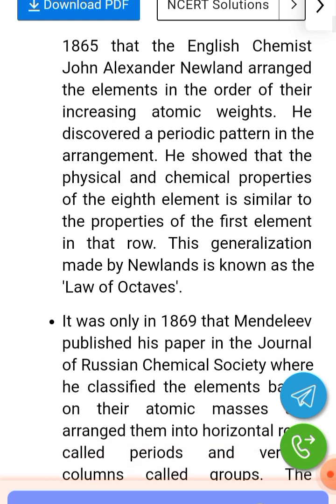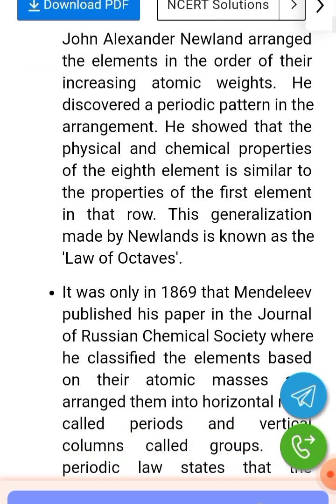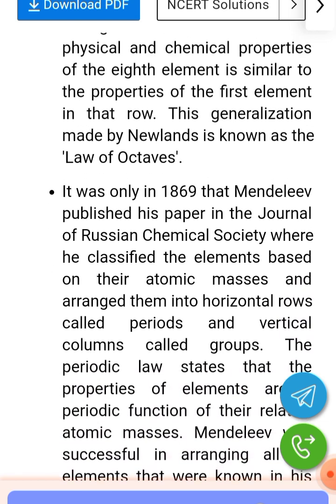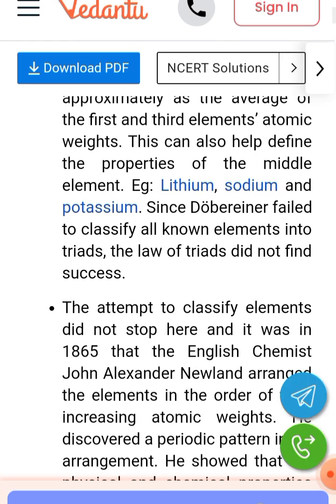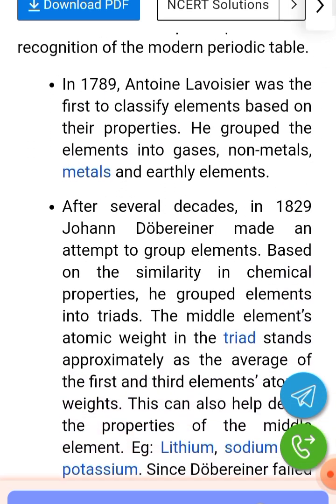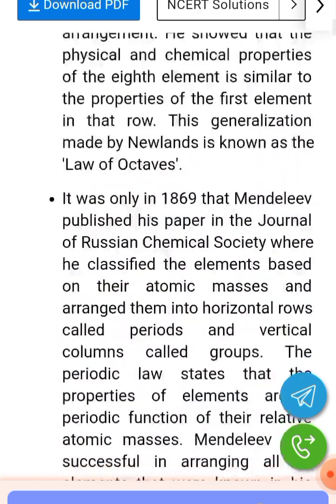He showed that the physical and chemical properties of the eighth element are similar to the first. Now, one thing I want you to know is that this person discovered the law of octaves. Newlands is known for the law of what? Octaves. So Newlands discovered the law of octaves. The other one discovered the law of triads. Then Antoine Lavoisier was the first person that classified elements based on their properties. Take note of that. It's very, very important.